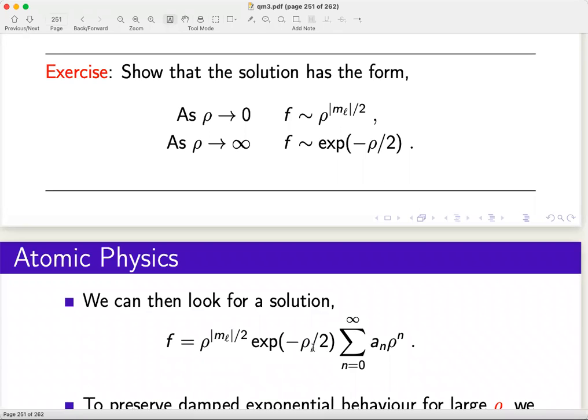You have e to the minus rho by 2. And you are looking at a state which has no nodes, so n is equal to 0 here. That gives you just a number. This is how the behavior would be both for f and g.